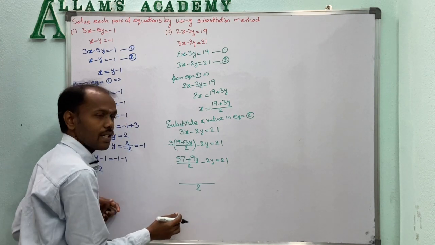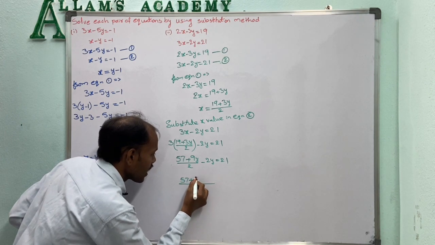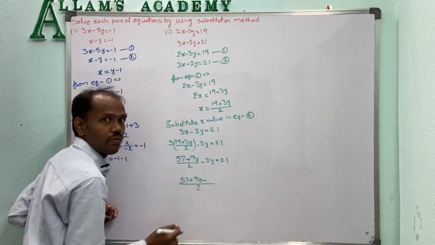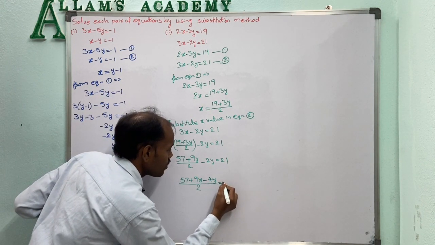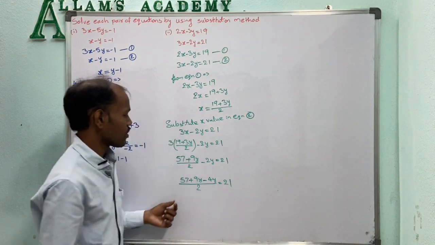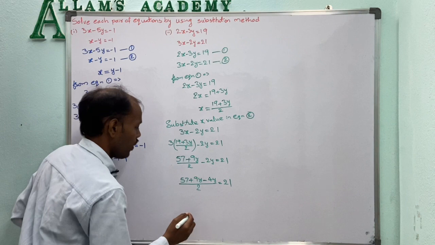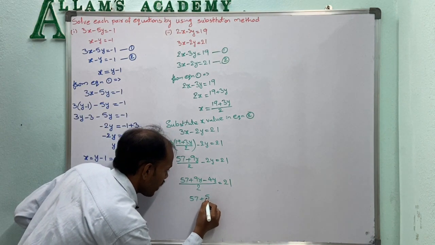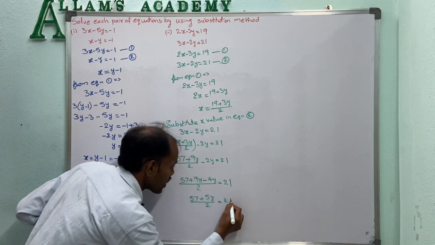So taking the LCM 2: 57 plus 9y minus 4y equal to 21. So 9y minus 4y equal to 5y. 57 plus 5y by 2 equal to 21.